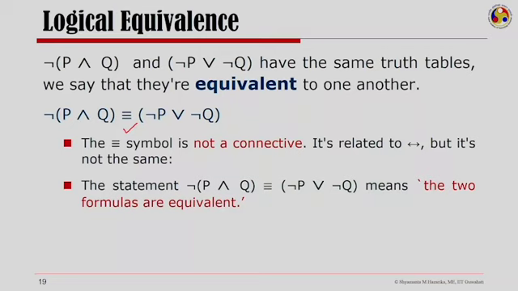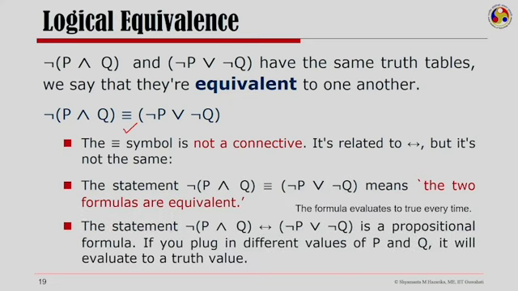The statement that not of (P and Q) is equivalent to not P or not Q means that the two formulas are equivalent. Whereas, if I put the biconditional there, then the statement is a propositional formula, and if you plug in different values of P and Q, it will evaluate to a truth value.